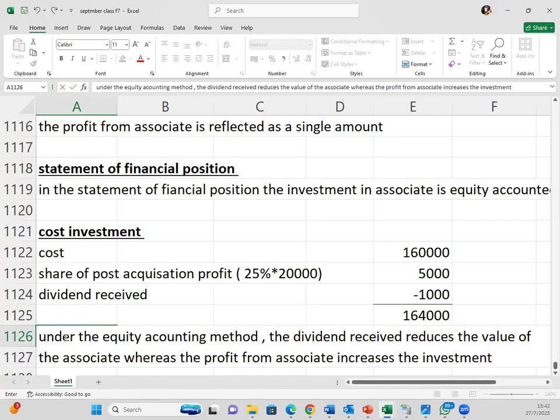So to get the closing value of the investment, you are adding the profit from associate, you less the dividend received.